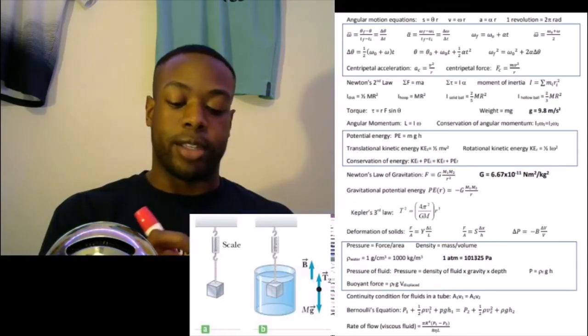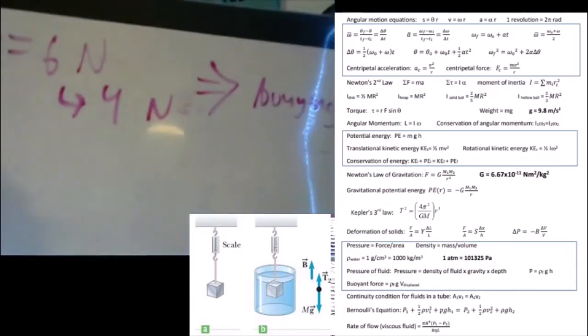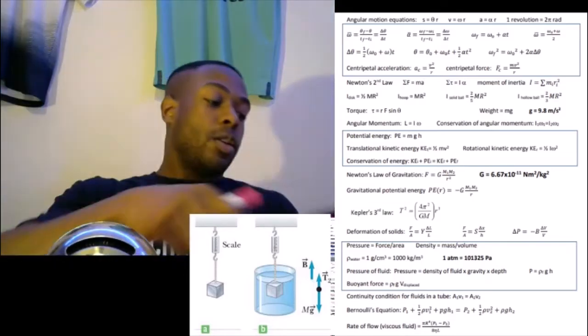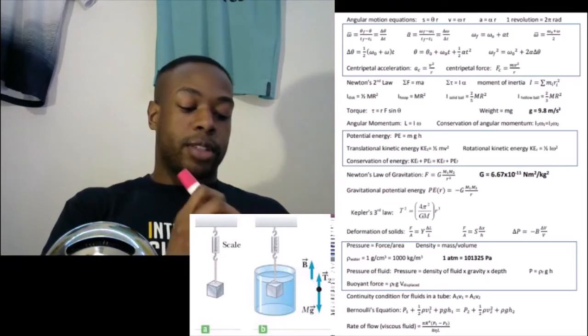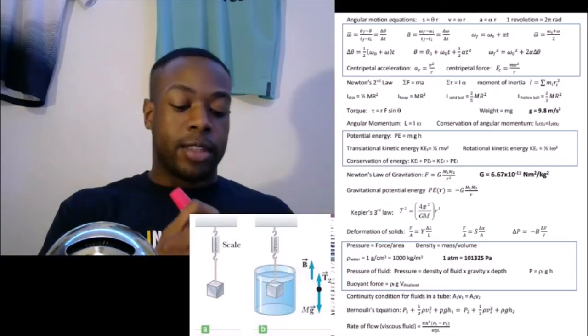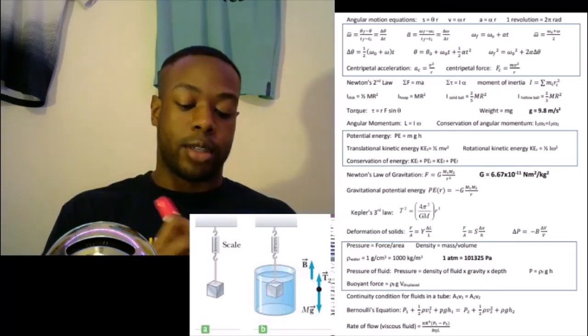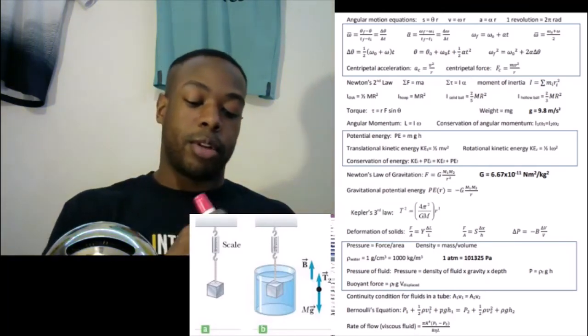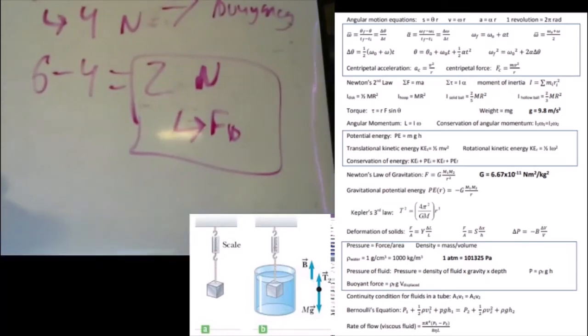I'll just write buoyancy. We subtract the 4 from the 6, and that would give us the actual value for our buoyant force. So I'll just write that, put a little square. That 2 newtons will represent our buoyant force.